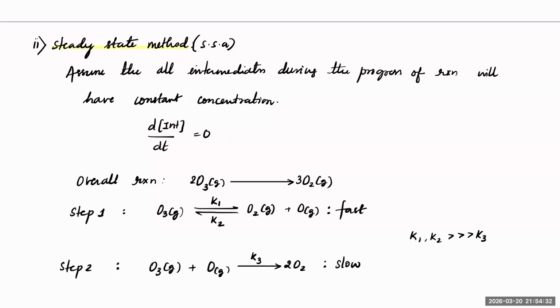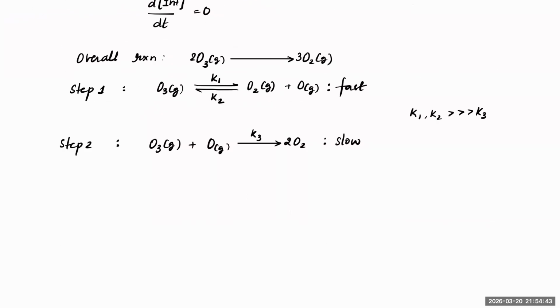Of course, when we use the word steady state, we are expecting that the intermediates are steady, which means they remain at a constant concentration. Hence, now we know that this was the overall reaction. This is step 1, this is step 2. Using this, we can say K3 is the rate determining step.